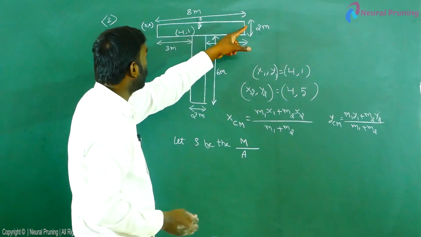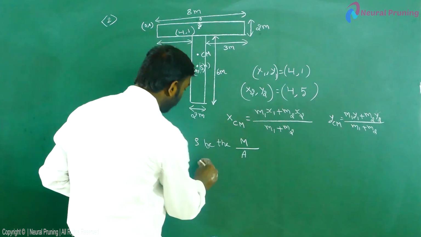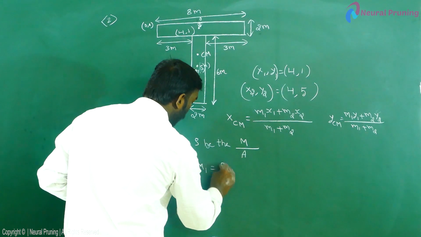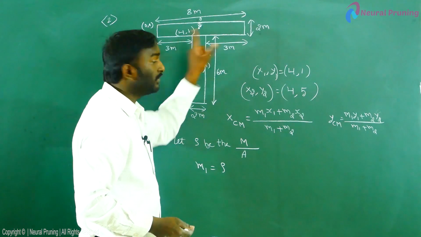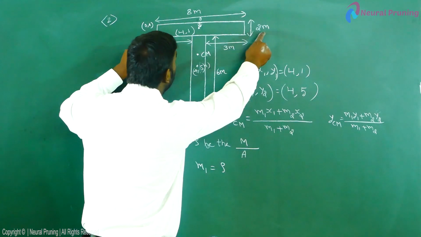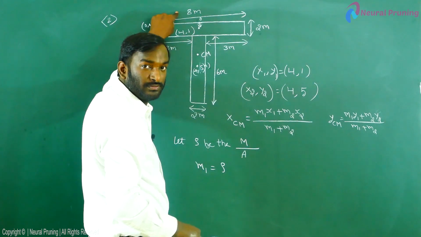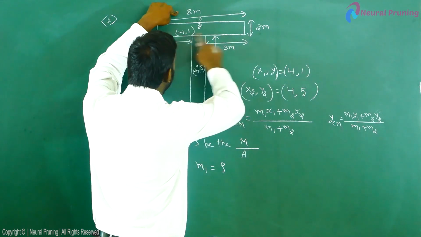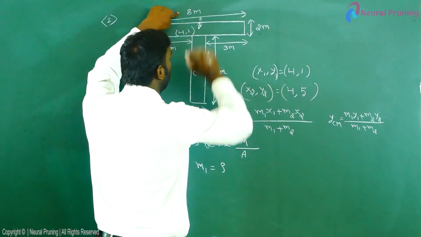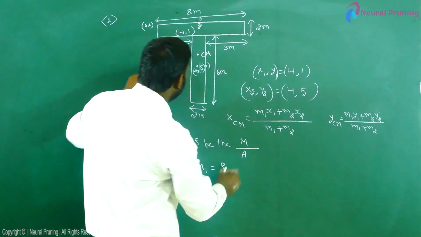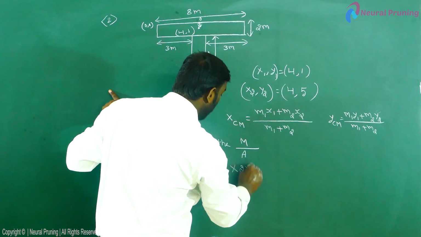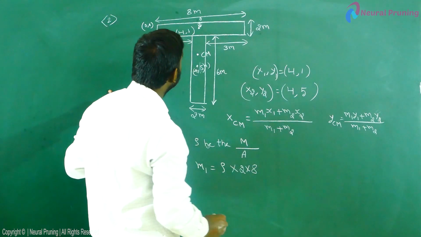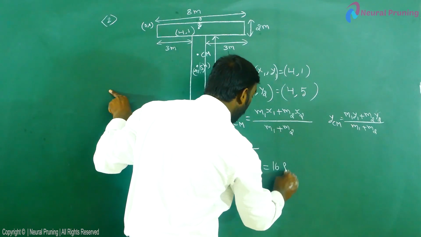For the horizontal portion, m1 is equal to rho into a1. What is a1? 2 into 8, length into breadth, which is 16 rho.